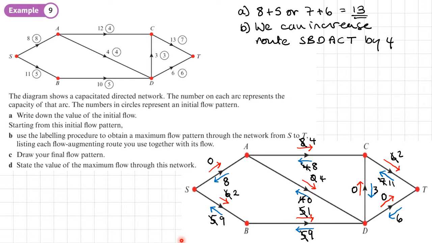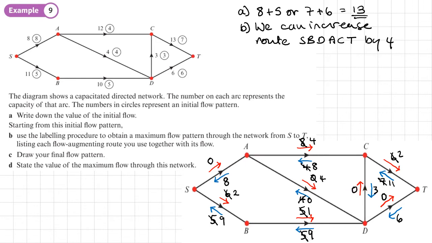What we've actually done is reduce the forward flow from A to D. We reduced it to 0. We can't decrease this flow anymore, but we could increase it by 4. So by actually reducing the flow from A to D to nothing, we've increased the total flow across the whole network. So we can't actually augment any routes any further.